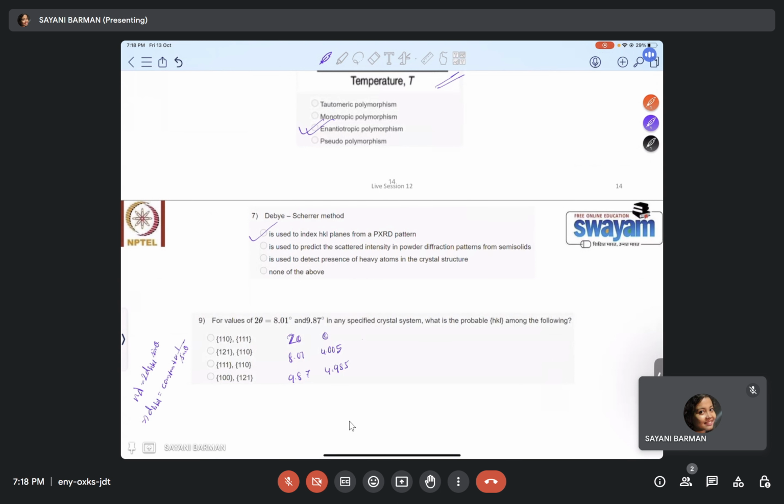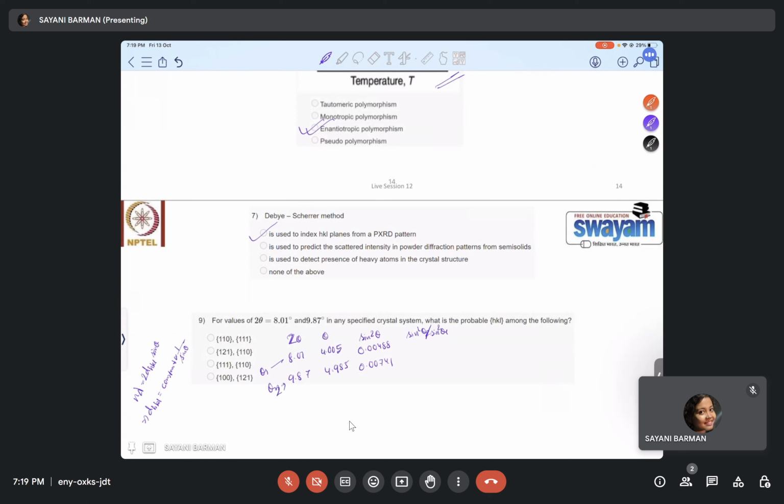So the sine square theta values, if we calculate, are 0.00488 and 0.00741. Now the next thing we should do is sine square theta n by sine square theta 1. Here this is theta 1 and this is theta n, where n is 2, theta 2. So sine square theta 2 by sine square theta 1.